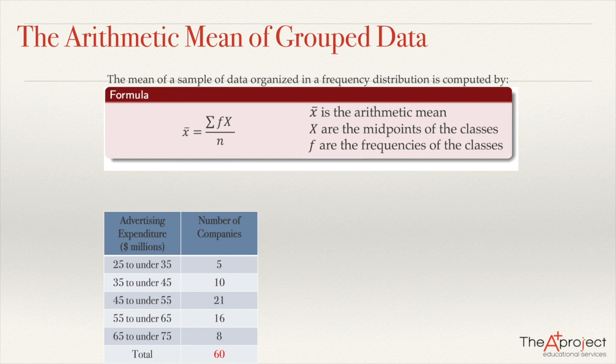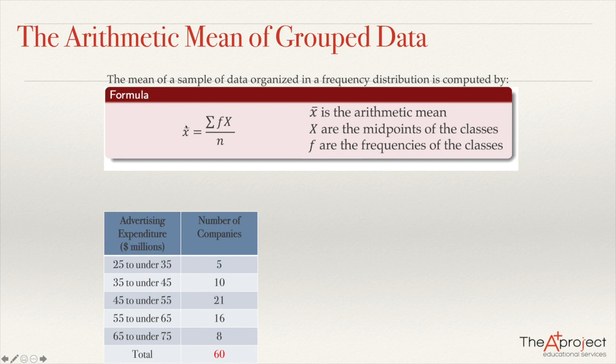If you notice, this is the same formula for the weighted mean, but instead of the values for the variable x, what we are going to use is the midpoint of each class. So in this formula, the f symbolizes the frequency of the class, the x means the midpoint of the classes, and the x bar is the arithmetic mean.